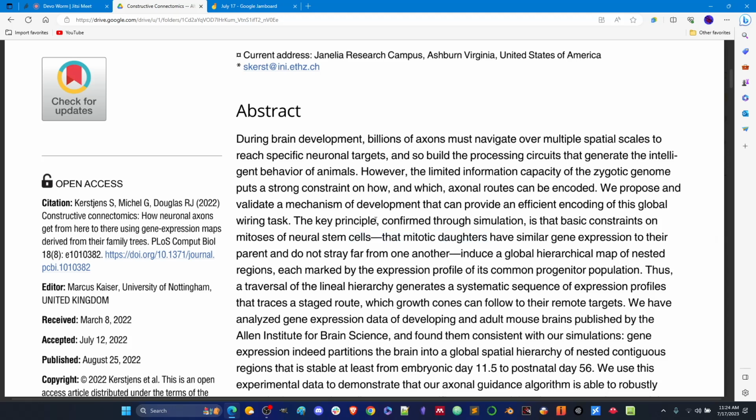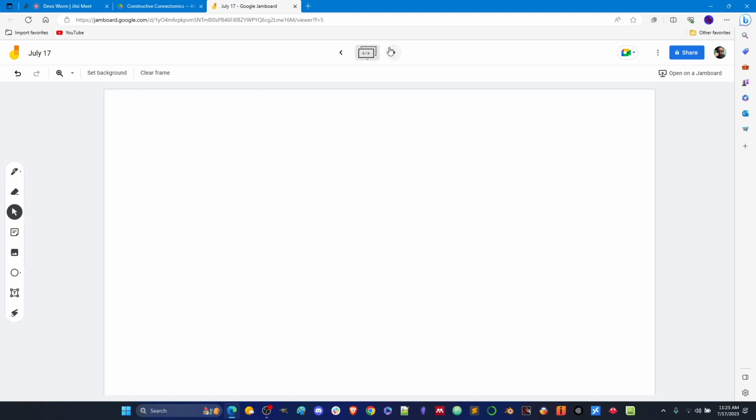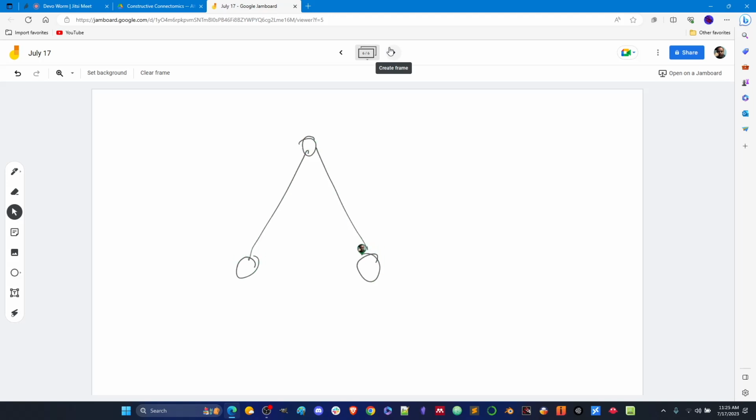In other words, if we think back to our lineage tree, we know that if you have a mother cell, which is up here at the top, that mother cell then produces two daughter cells or more. Sometimes there's proliferation here.